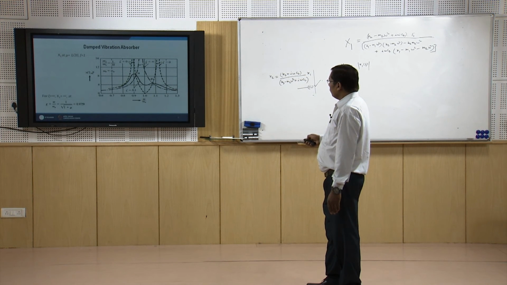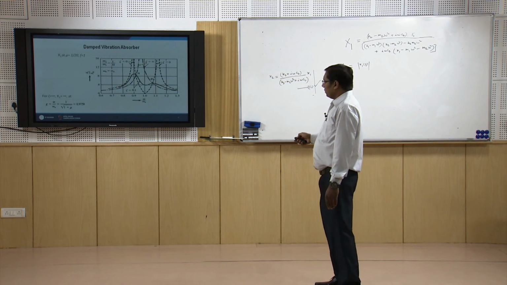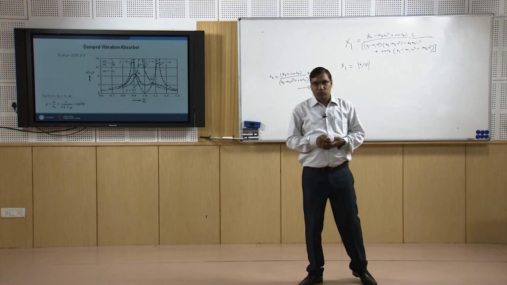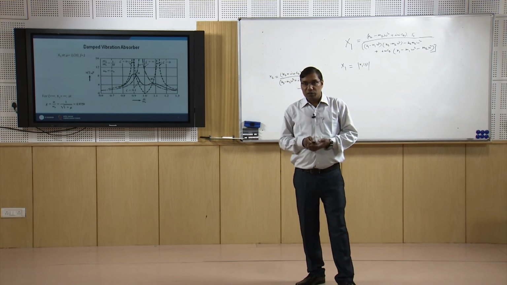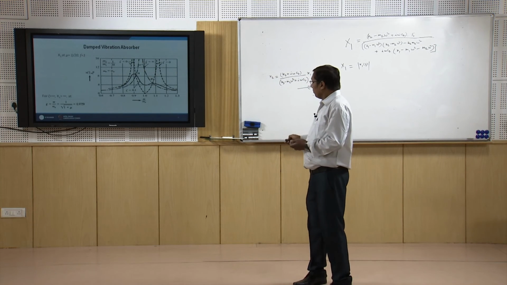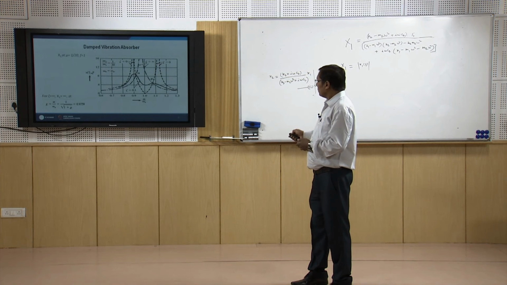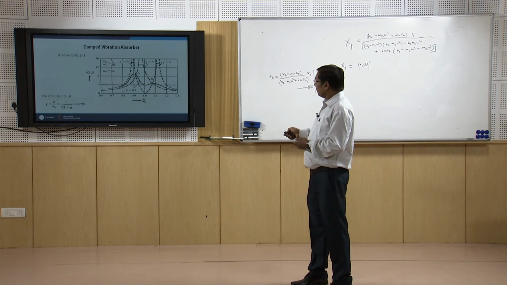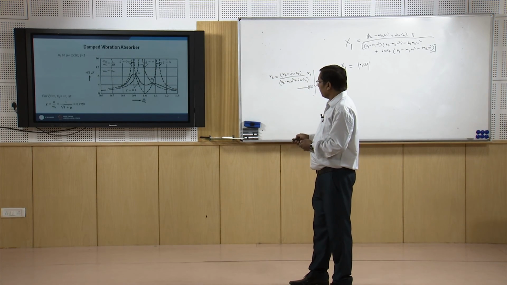So for zero damping the x1 is infinite, because zero damping means there is no damping in the system, and we are getting these natural resonant frequencies, and when we put very high damping, that is zeta equal to infinite, we are getting a shift in the natural frequency, and again the x1 is very high.